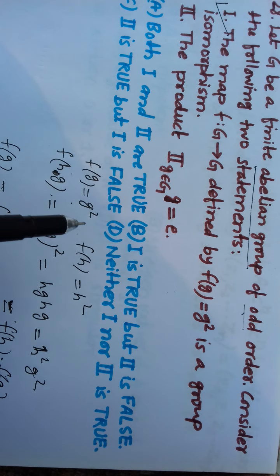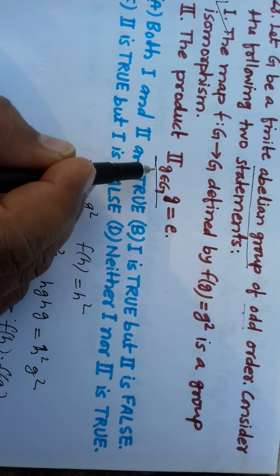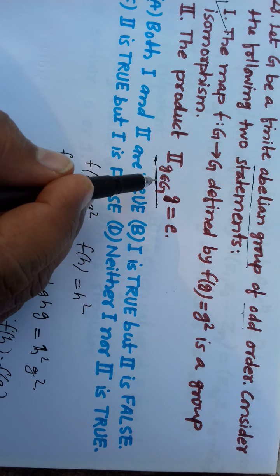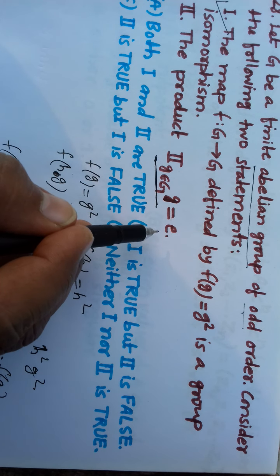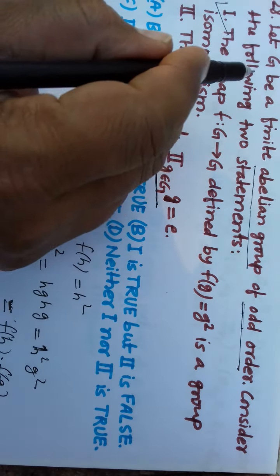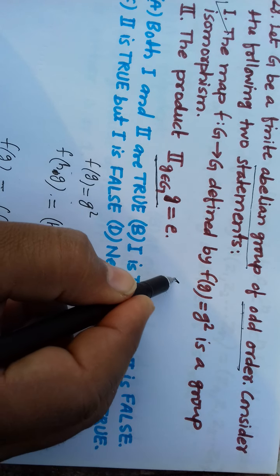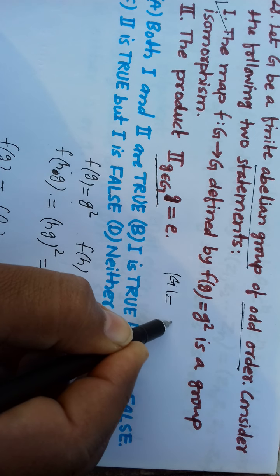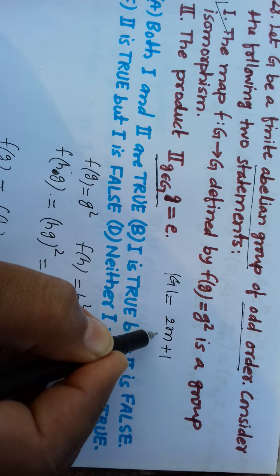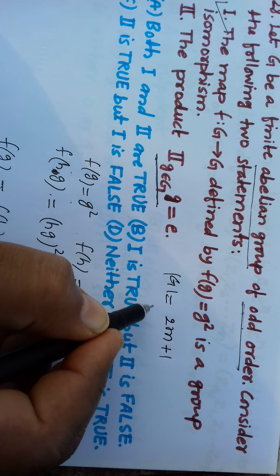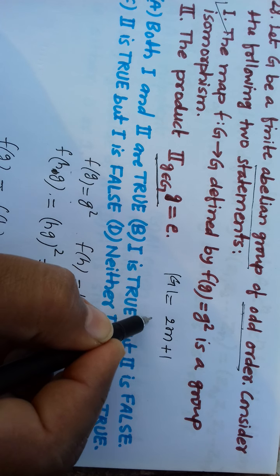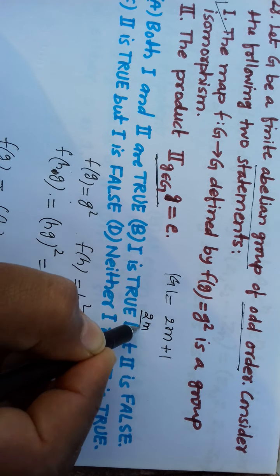Now the second statement means that the product of all elements of G is an identity element. Here you see the group G is of odd order, and in this we have an identity element. So non-identity elements will be 2m.